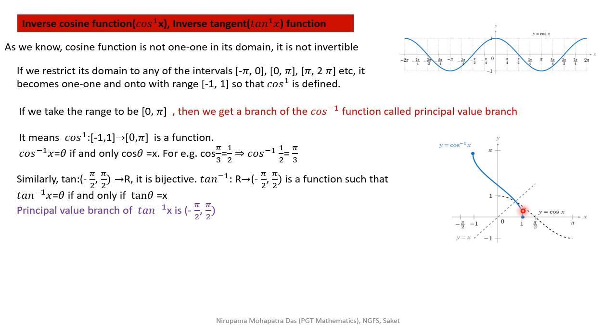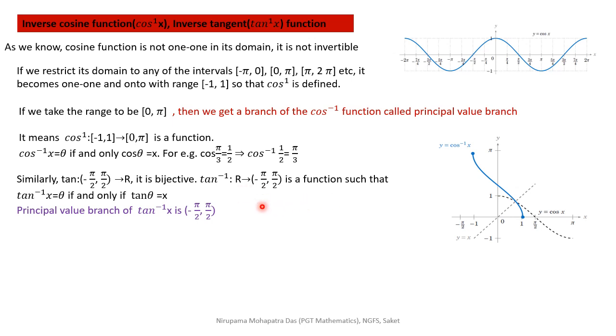Now coming to the tan function. As you know, tan function, whenever we restrict its domain to the open interval minus pi by 2, pi by 2, and range is R, it is bijective, so invertible. So tan inverse is a function from R to the open interval minus pi by 2, pi by 2.